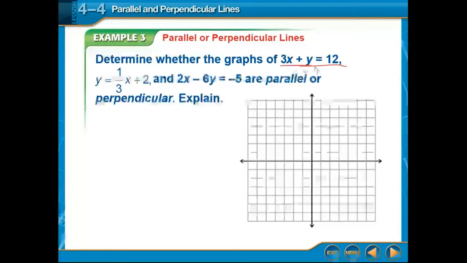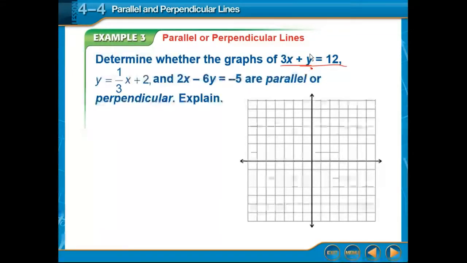All right, well the y-intercept is going to be 12. So 1, 2, 3, 4, 5, 6, 7, 8, 9, 10, 11, 12. It's going to be up here-ish. Sorry.